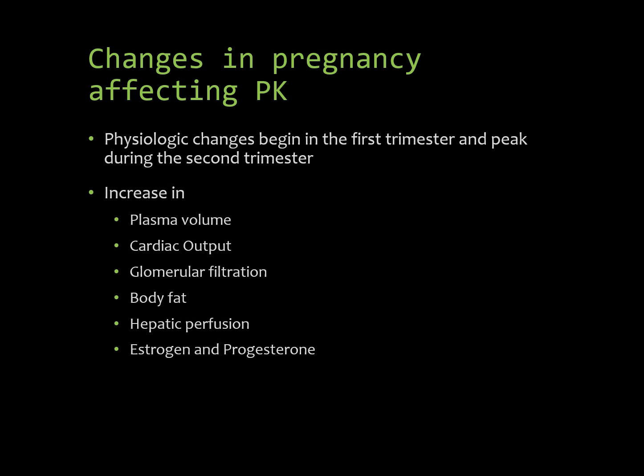For example, increase in plasma volume can affect the volume of distribution; increase in cardiac output, glomerular filtration and hepatic perfusion can increase the elimination of the drug. Increase in body fat can cause an altered redistribution of drugs, especially lipid soluble drugs.